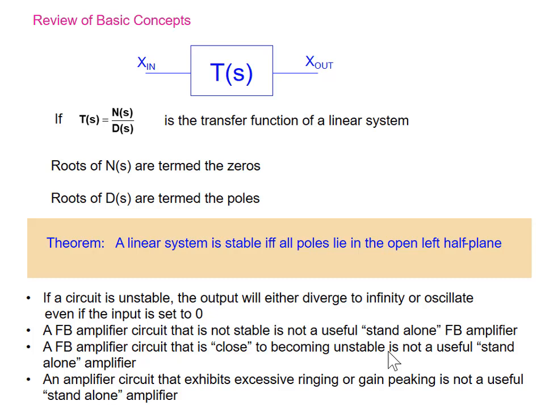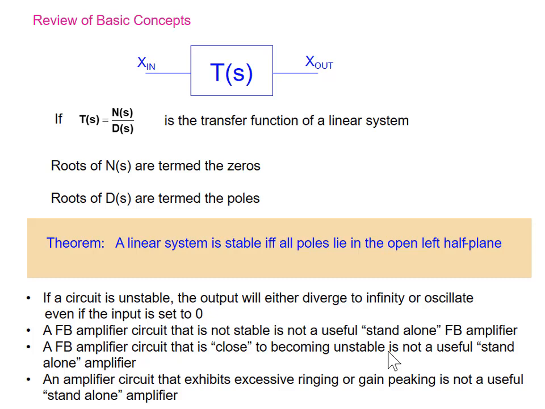And if you put a step input into the circuit, the output we would like is to step up like this. But we could be in a situation where the output of the amplifier comes out and does this. This is what we call peaking. This is gain peaking.